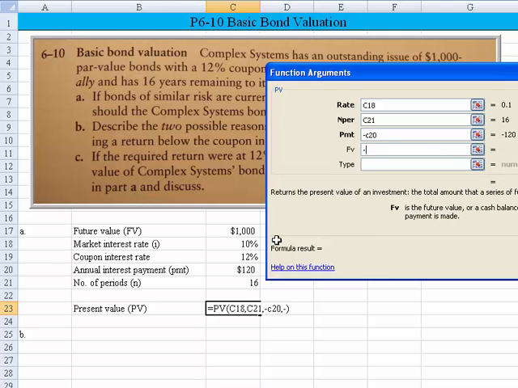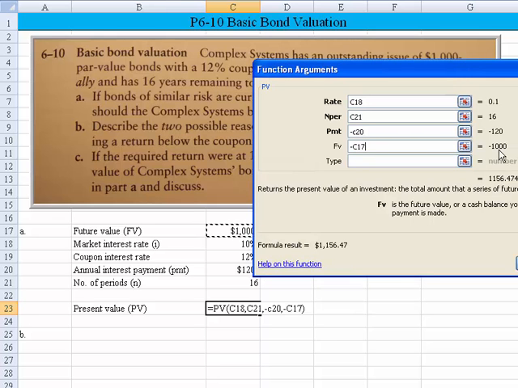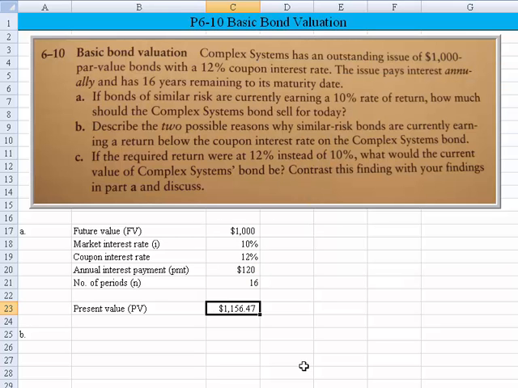We'll subtract the $1,000. Okay, let me slide this over a little bit. You can see those two are negative because they represent outflows, and that way our answer will come back in terms of present value. And there's the answer, $1,156.47. So the bond sells at a premium.